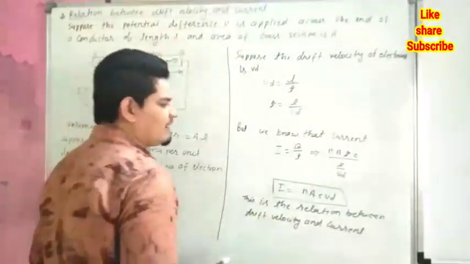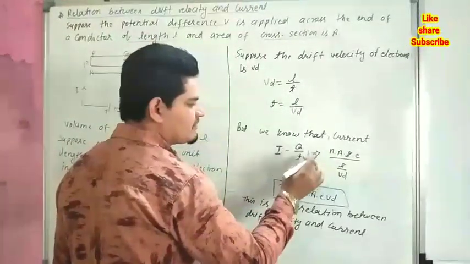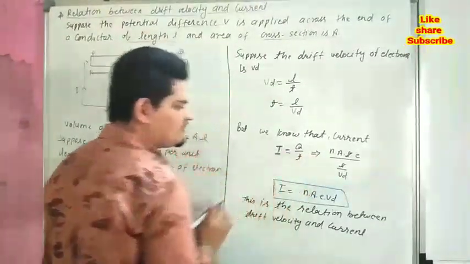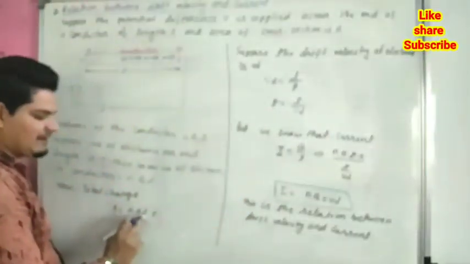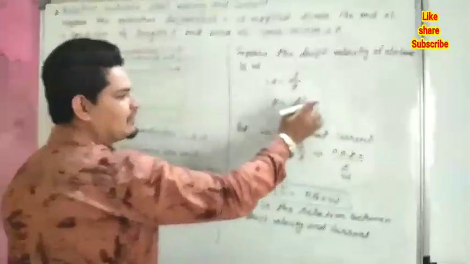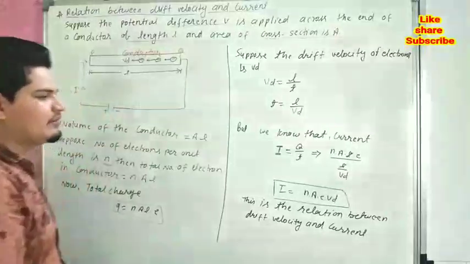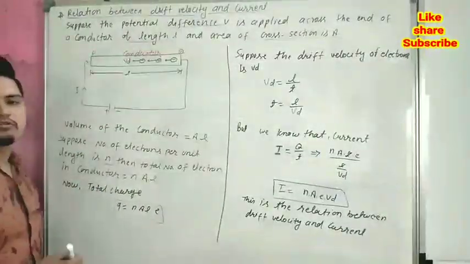Now the formula is current is equal to charge upon time. So we put the value of charge N A L e and time L divided by Vd. So this is the relation between current and drift velocity. You can write it.